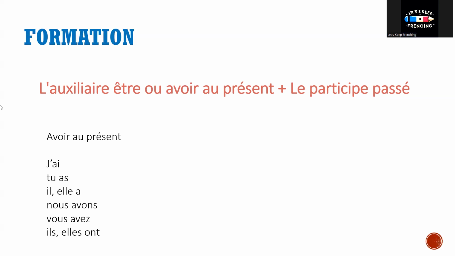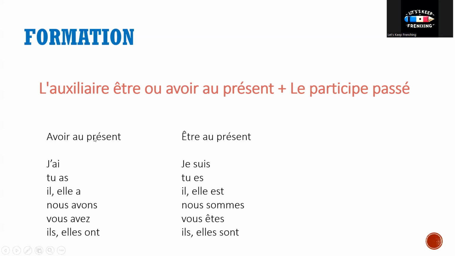So, avoir au présent, on dit j'ai, tu as, il, elle a, nous avons, vous avez, ils ont. Et pour être, on dit je suis, tu es, il est, nous sommes, vous êtes, ils sont.